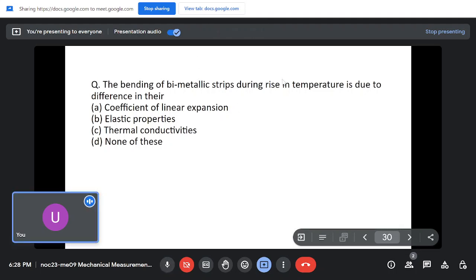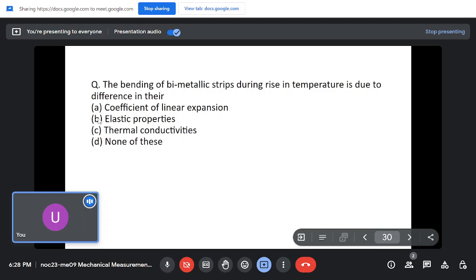So bending of bimetallic strips happens due to coefficient of linear expansion. If a length is L, the length will increase by some amount due to the temperature. Bimetallic strips are two metallic strips bonded together, and each will have a different linear expansion coefficient.